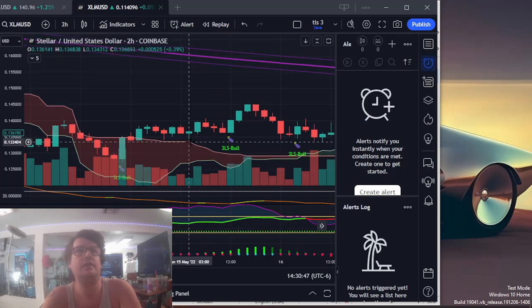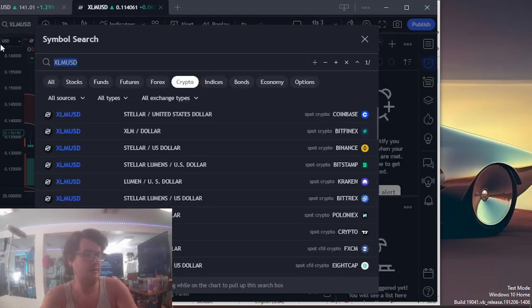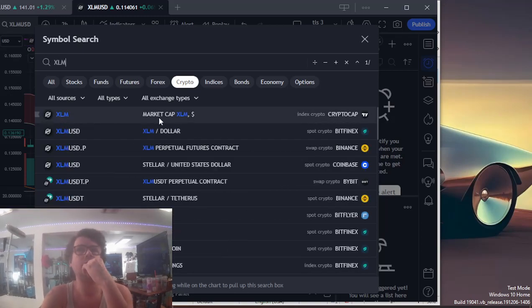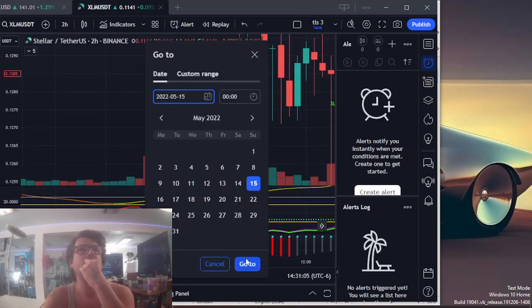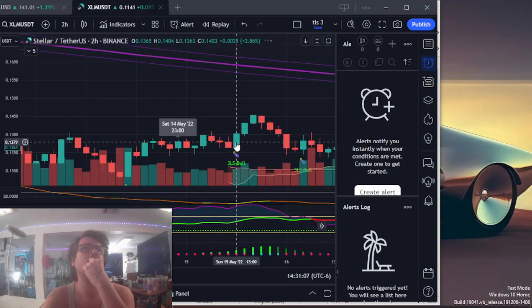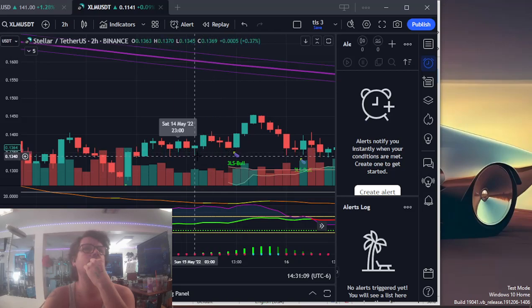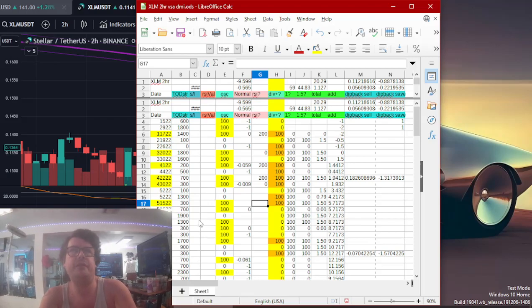$515.3. Huh. Okay, maybe this is the wrong chart. Well, anyway, it's overbought.